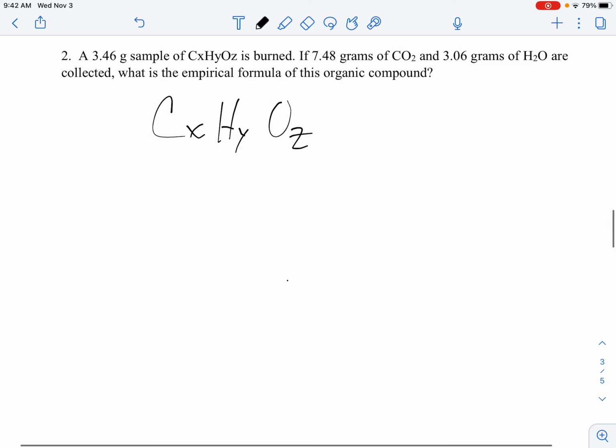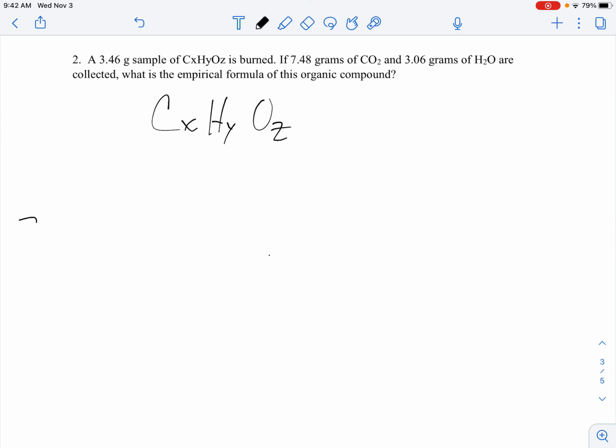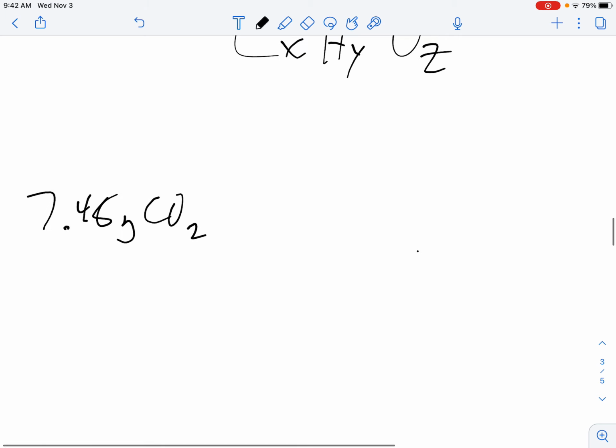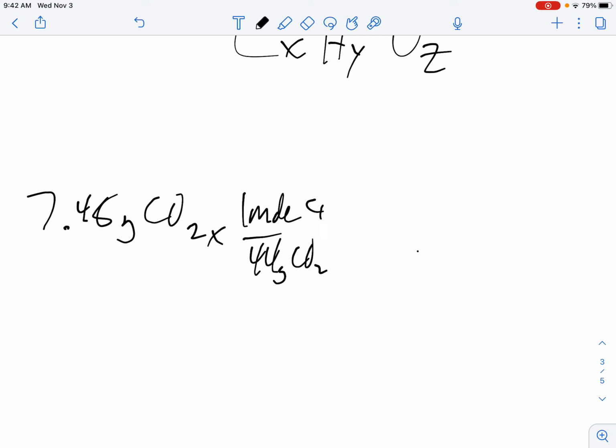So you're going to start, for example, with your 7.48 grams of carbon dioxide that they gave us here in the problem. And you're going to work your way through, and you're going to figure out how much carbon is there. So first steps first, we're going to multiply that by 1 mole per 44 grams of carbon dioxide. And then you're going to multiply that by 1 mole of carbon for every 1 mole of carbon dioxide.